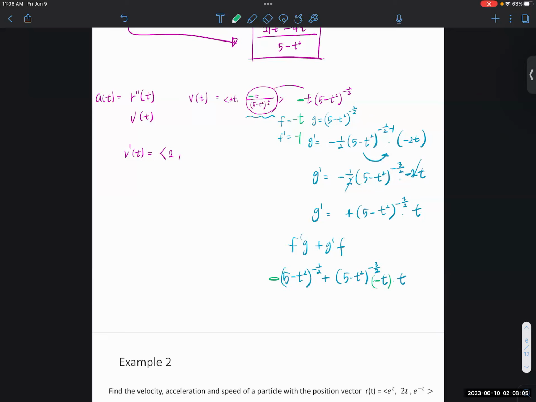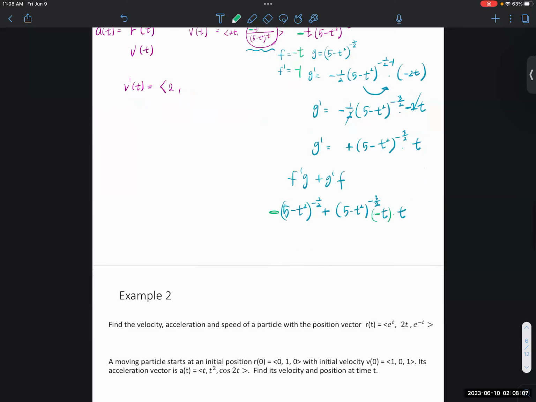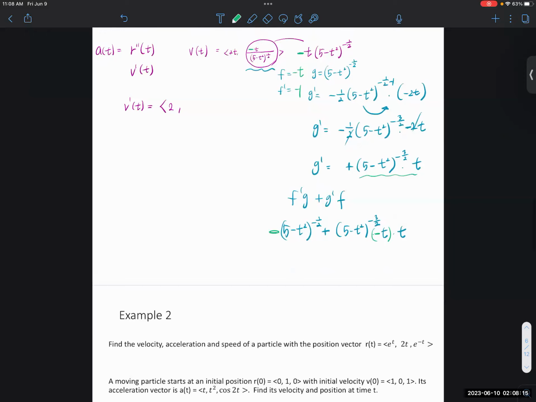So negative 2t. Yes, I think I'm good here. And f prime g, so negative 1 times g. Yeah, so f prime is negative 1 times g. Okay, that's good. Plus g prime, which is that. So there's no negative, right? This is f prime. And then g is negative t. So right there, there's a negative.